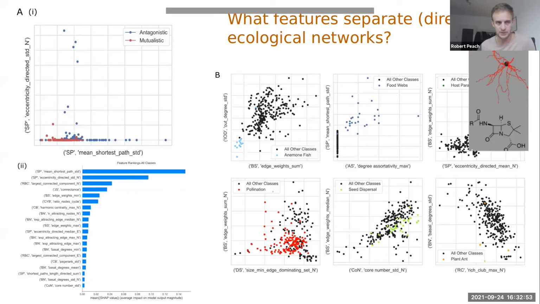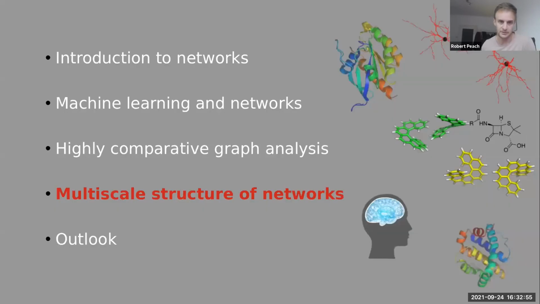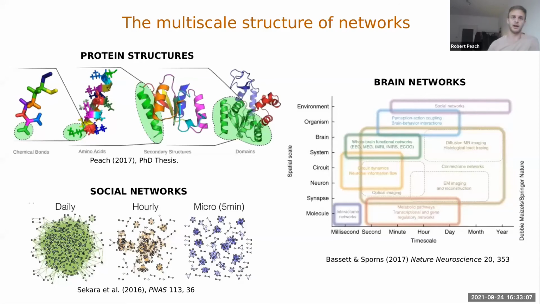What I will do now is jump on to the second half of the talk, which is on the multi-scale structure of networks. And I'll hand over to Alexis in a second. But I think just to point out the importance of this, the multi-scale structure of networks is a very interesting topic. I know you had Olaf Sporns here give a talk maybe a few months back.